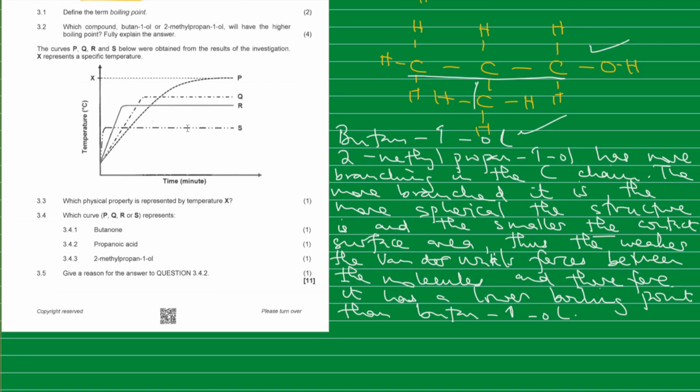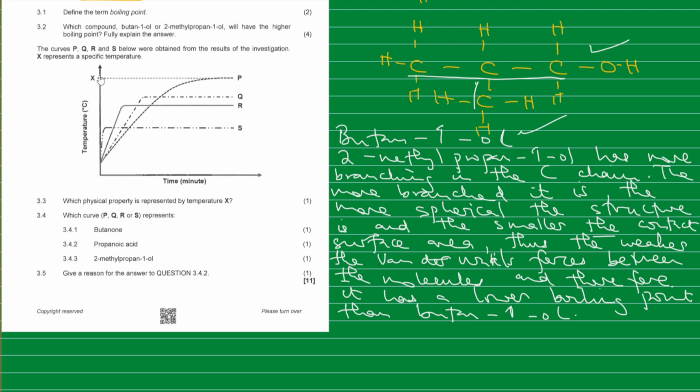Okay, so temperature X here. Now when we look at temperature X, it is a temperature at which this compound P is level. In other words, the temperature is constant.